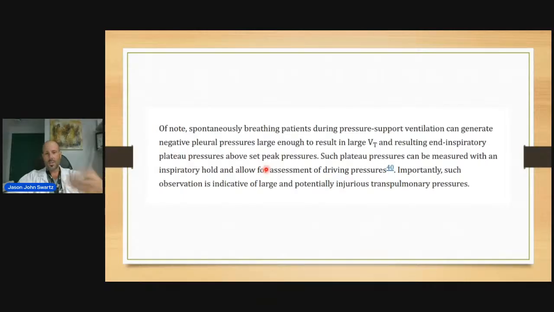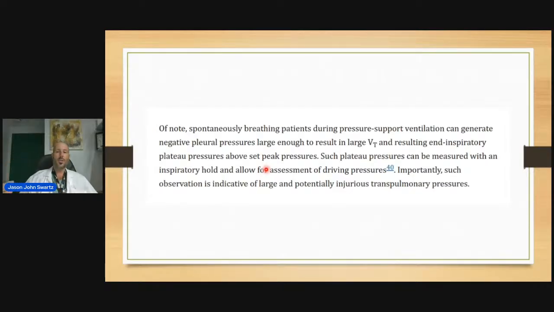I just have a slide to show you that spontaneously breathing patients during pressure support ventilation as well can generate negative pleural pressures large enough to result in quite large tidal volumes, resulting in end inspiratory plateau measurements that are, just like I showed you in ACPC, set above the peak pressure.